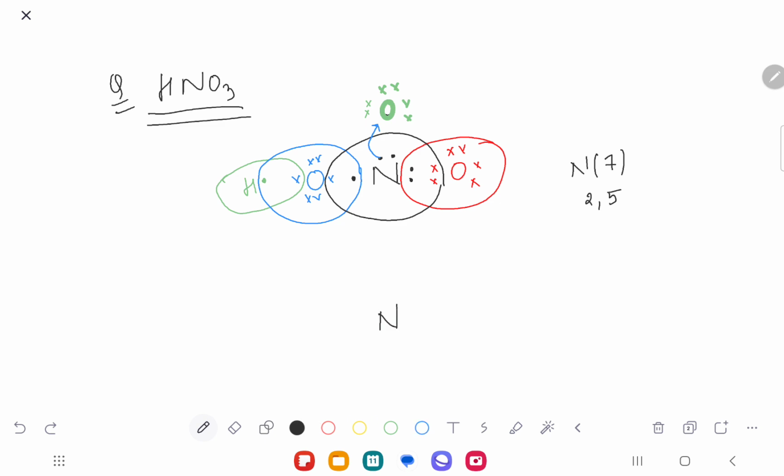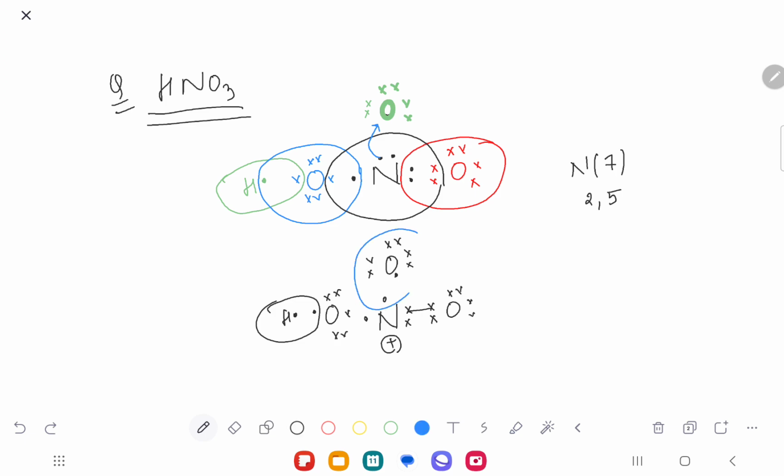So this black nitrogen forms a double bond with oxygen, and with the blue oxygen it is still forming the bonds. And with the hydrogen, this nitrogen does what? It gives 1 electron to oxygen, and thereby nitrogen acquires a plus charge and oxygen has 1, 2, 3, 4, 5, 6. Are you understanding?